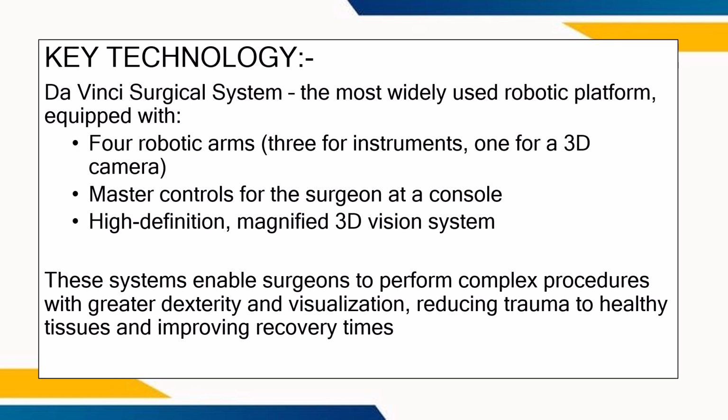These systems enable surgeons to perform complex procedures with greater dexterity and visualization, reducing trauma to healthy tissues and improving recovery time. In the further slides, I'm going to show how the four robotic arms and the console look. So let's get on.